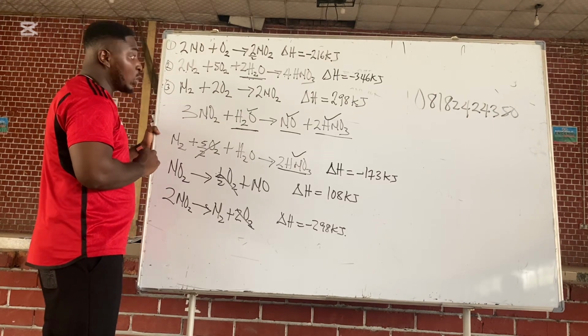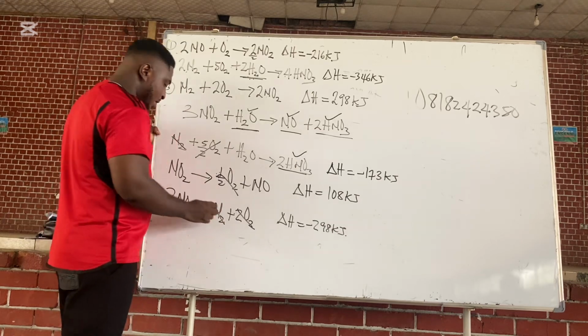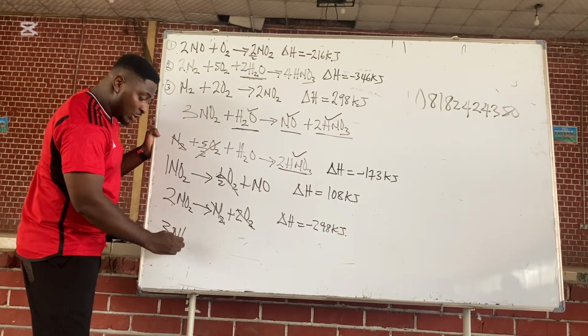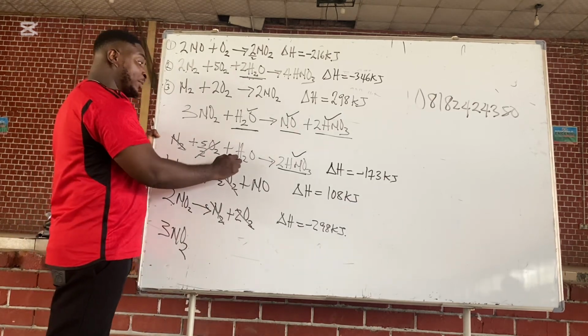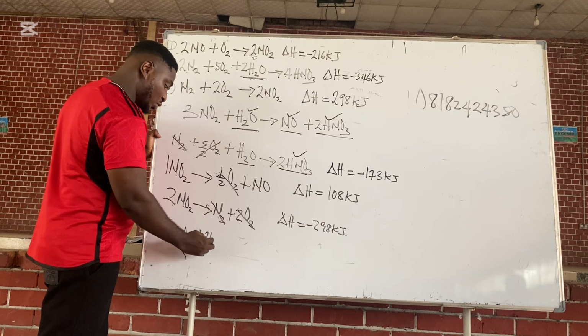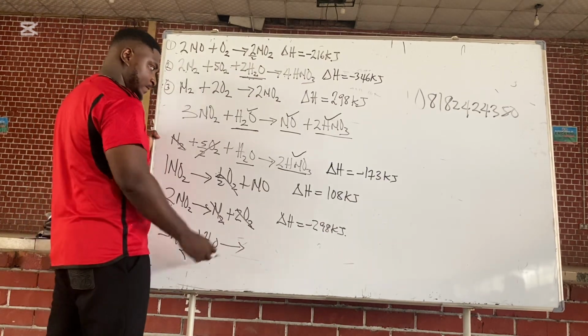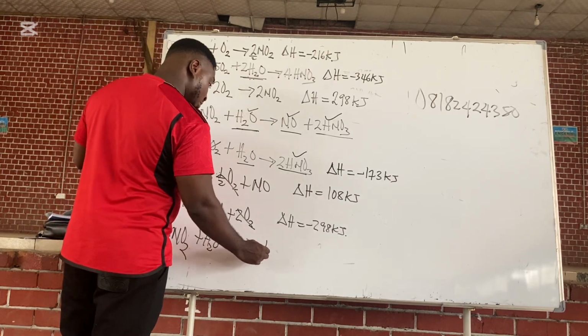NO. N2 can cancel N. Class, 1 NO2 plus 2 NO2 is what? 3 NO2. We're adding those on the left hand side, plus H2, to give, go to the right. What do you have on the right? Where is NO? N plus.